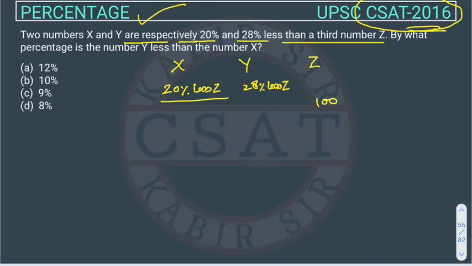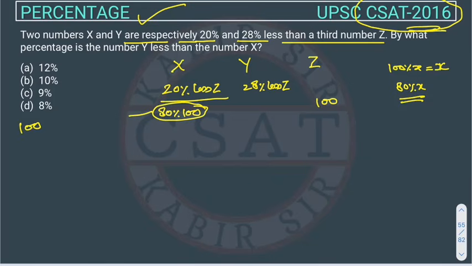You know, I told you that 100% of some number is that number only. If you want to calculate 20% less, we can take 80% of that number. So 20% less than Z: you can take directly 80% of 100, or you can calculate it like this.